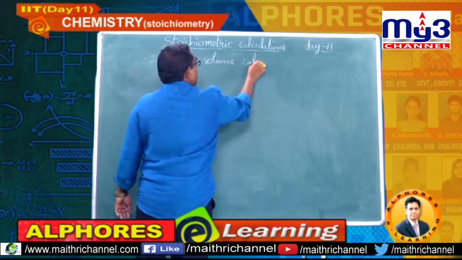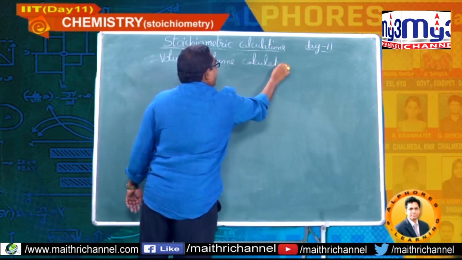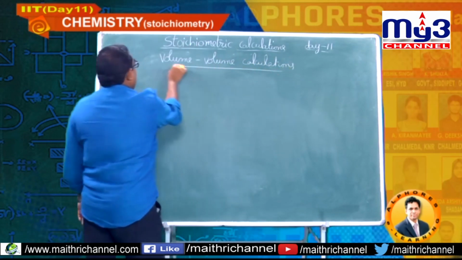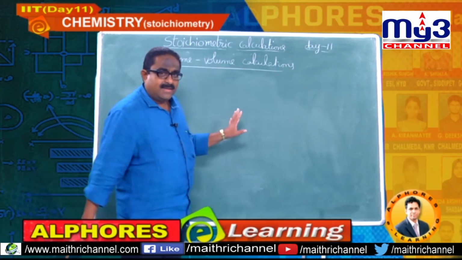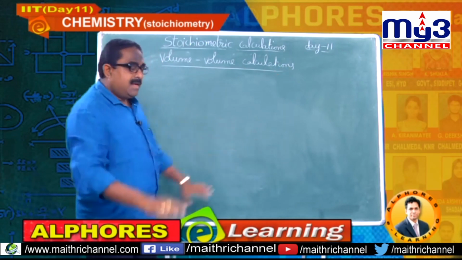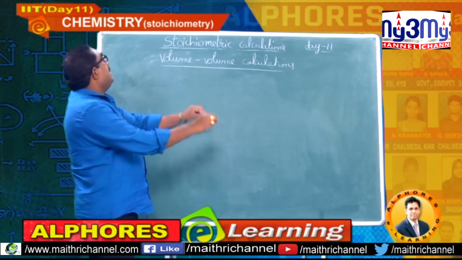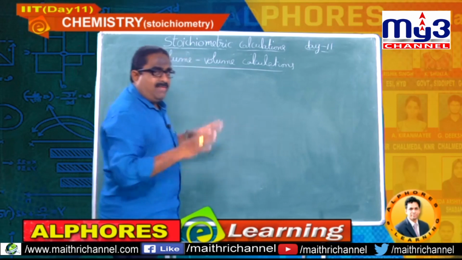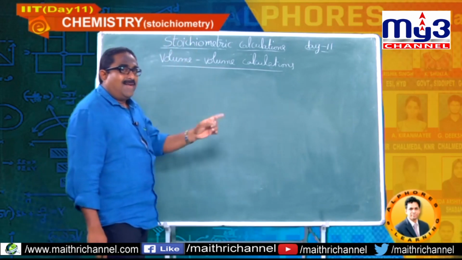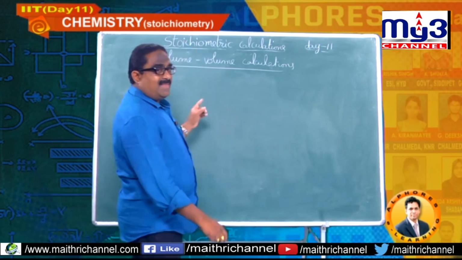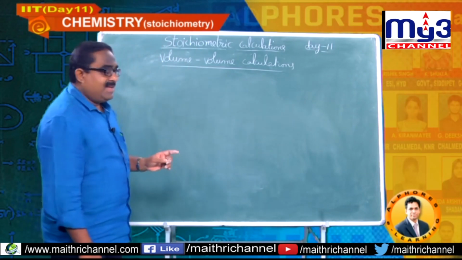Okay, students, let me go for the third type, that is volume calculations. These types of calculations are very important and moreover very easy if you understand them in the proper way, that is Gay-Lussac's law of combining volumes and Avogadro's law.